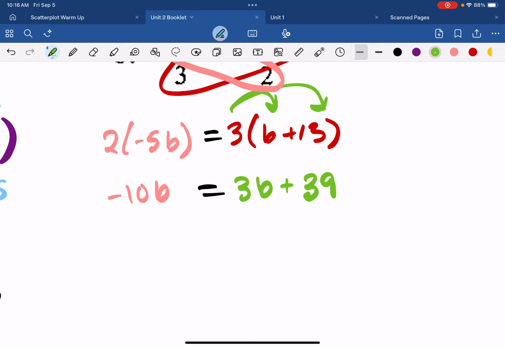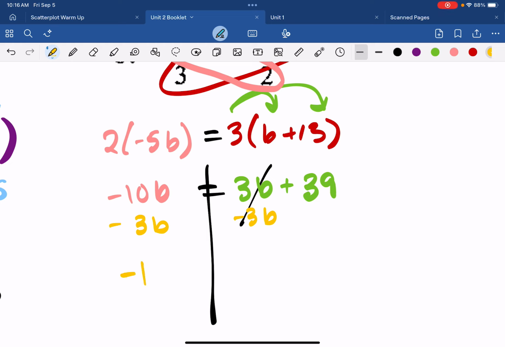Now, in a moment, I want us to look at this. When we are moving our variables to the same side, when I look at these two numbers, yes, negative 10 is smaller than 3. However, if I move this negative 10 to the other side, I'm left with a 0 over here. I want to avoid that. So if my b is the only thing over here, I'm going to move whatever's on this side to go with it. I'm just going to keep my b's on this side. So I'm going to subtract 3b from both sides.